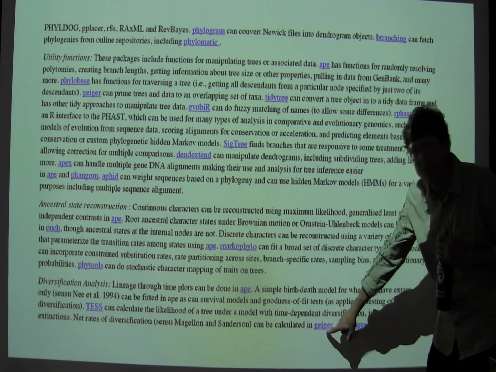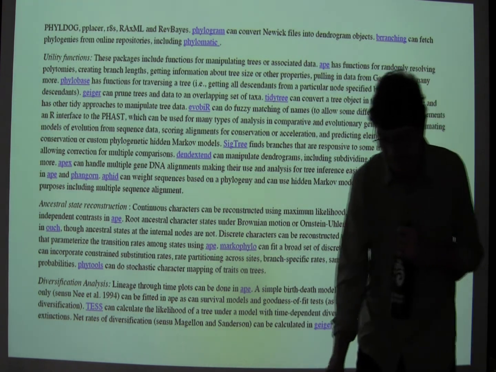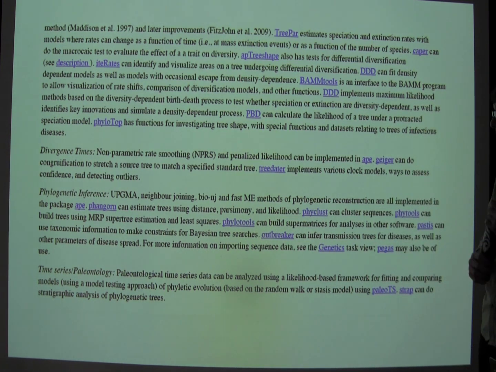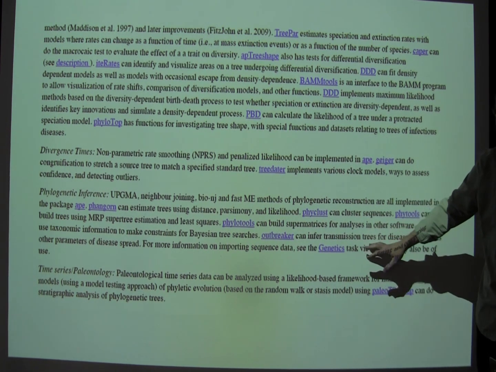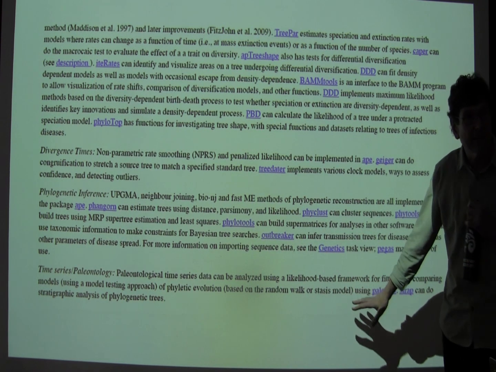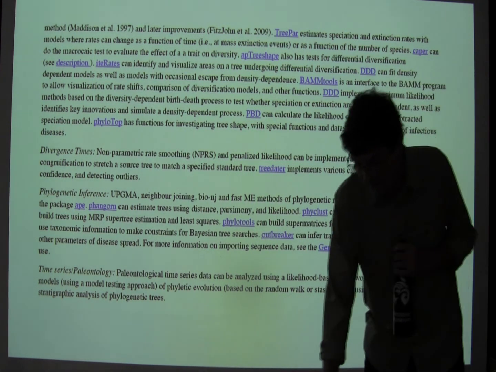One of my students even wrote one. You could write one. Estimates of divergent trend, estimating the trees themselves to begin with. Time series, paleontological data can also be incorporated.